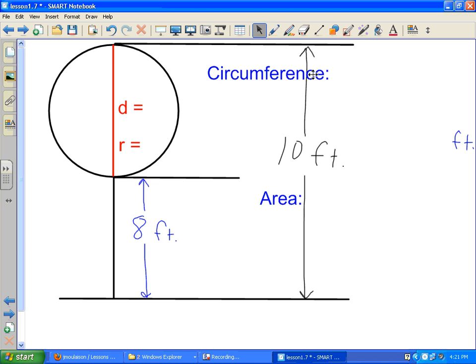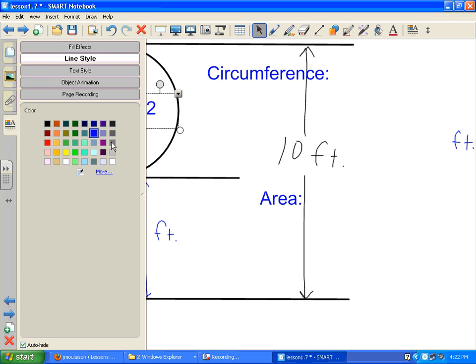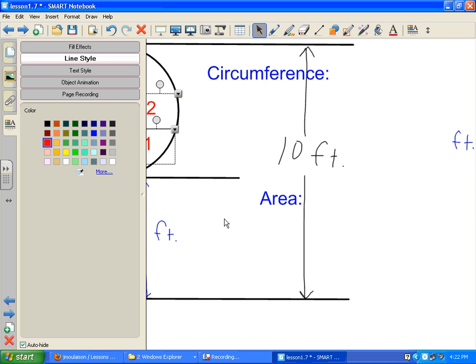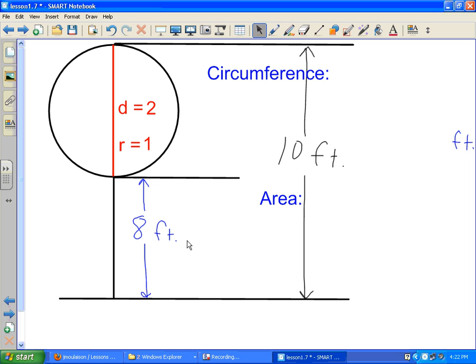That allows me to determine the diameter and the radius. Diameter is 10 minus 8, and radius is half the diameter.